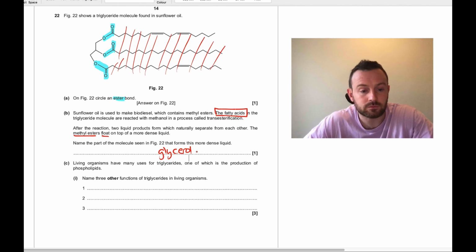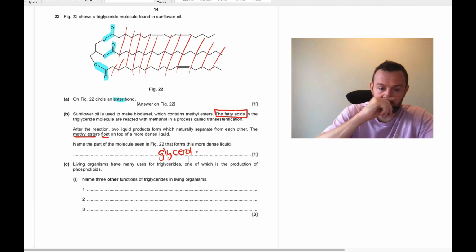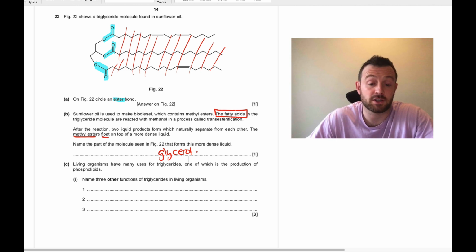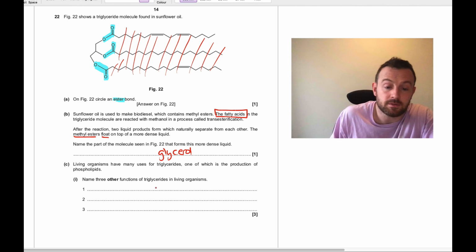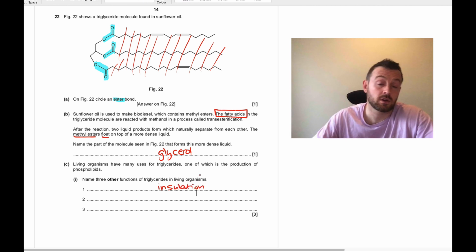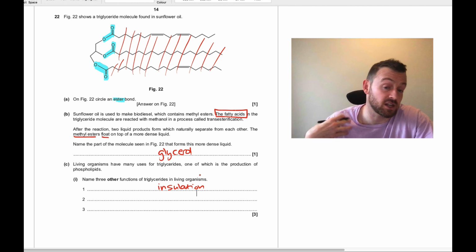Okay, C. Living organisms have many uses of triglycerides, one of which is the production of phospholipids. 3 other functions of triglycerides in living organisms. Well, there's loads. Insulation is one. If you think about a seal or an aquatic mammal, or even humans, we use triglycerides for insulation under our skin.